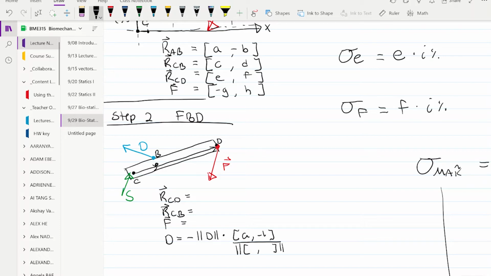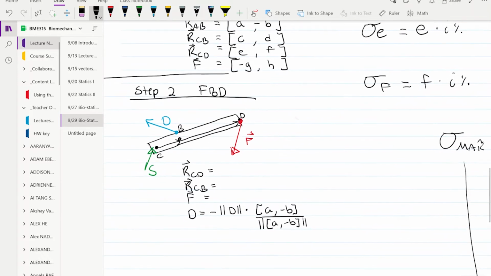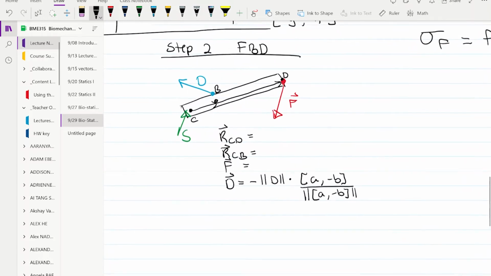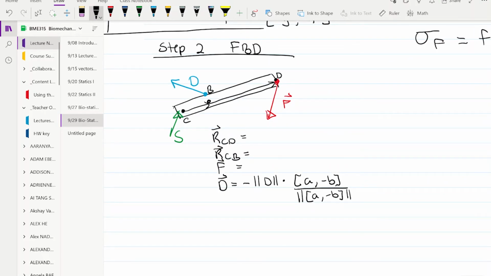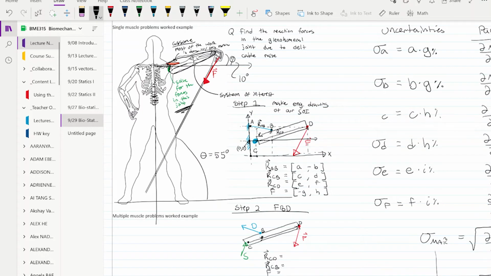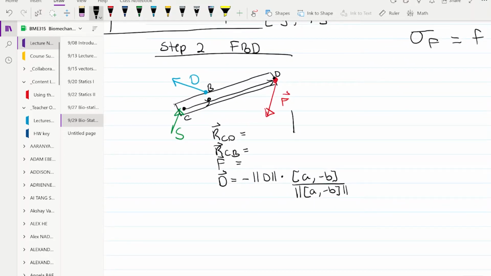So it's A, negative B. All right, so this is AB over the magnitude of AB, and then times the magnitude of D, right? That gives us the vector of the force D acting on that bone. It's not really just a bone, it's the whole arm, the whole length of the arm here. All right, so now we've got to put our little coordinate system in.